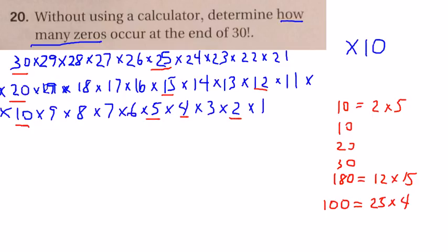Let's see now, have I missed any others? So we have 2 times 5, 12 times 15, 25 times 4. That's 1, 2, 3, 4, 5. They thought that there would be 6. The people who did the answer in the back of the book thought there would be 1, 2, 3, 4, 5, 6 zeros, but they didn't catch that one. So there are actually 7 zeros.